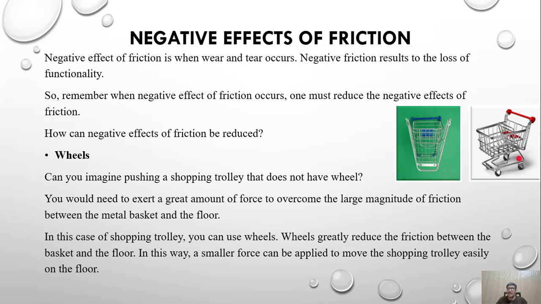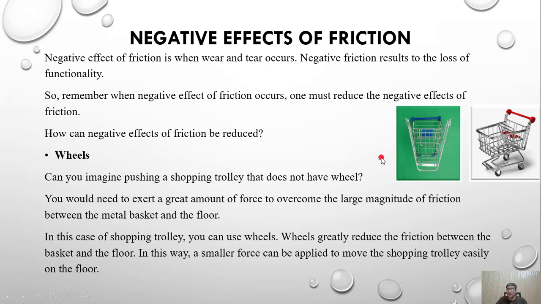And the floor is also getting some lines on it. Why? Because this metal part is moving on that surface. So can you imagine pushing a shopping trolley that does not have wheels? What will happen if the trolley does not have wheels?